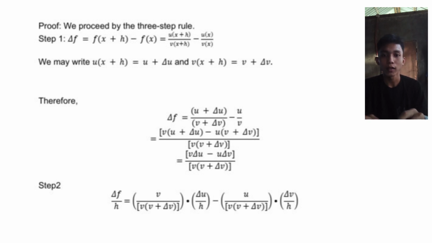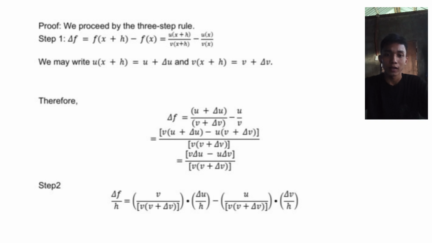Step 1. Delta f is equal to f of x plus h minus f of x, which is equal to u of x plus h over v of x plus h minus u of x over v of x. We may write u of x plus h equals u plus delta u, and v of x plus h is equal to v plus delta v.